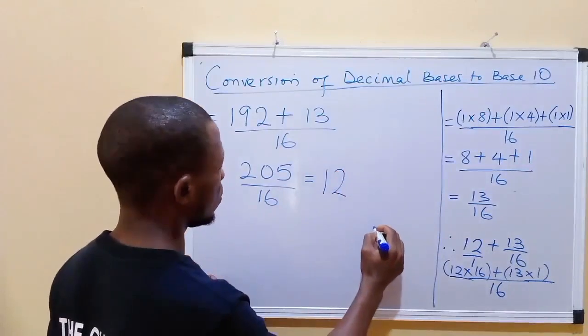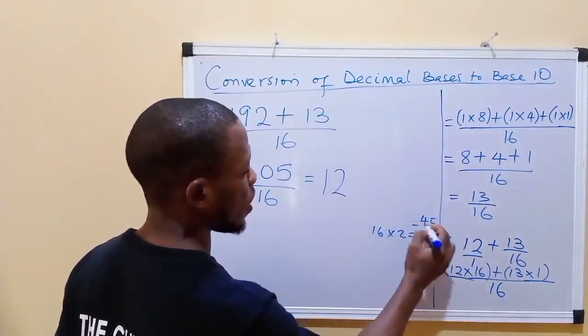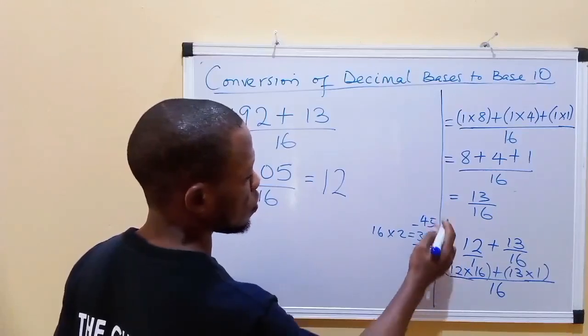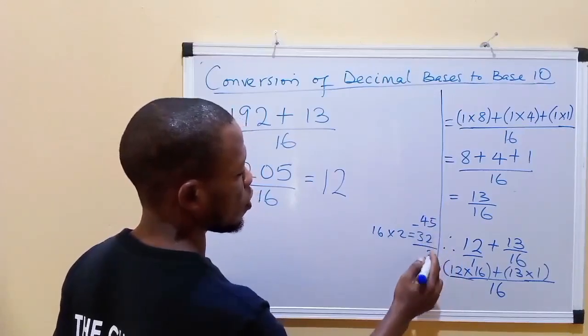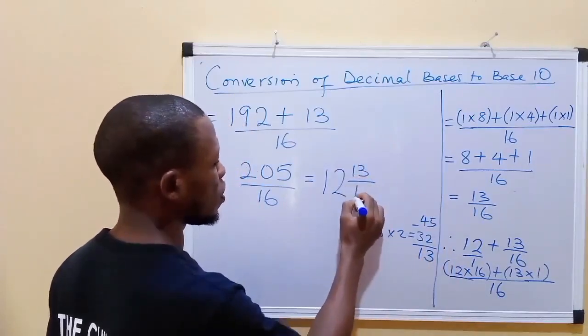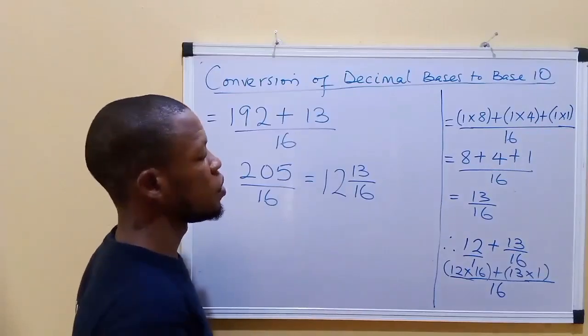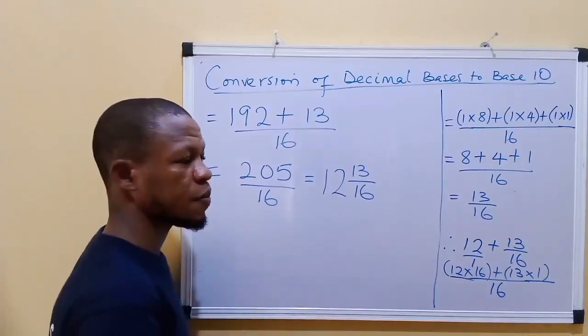That is 16 times 2 is 32. 45 minus 32. 5 minus 2 is 3. 4 minus 3 is 1. So we have 12 and 13 all over 16. This gives us the solution to this conversion.